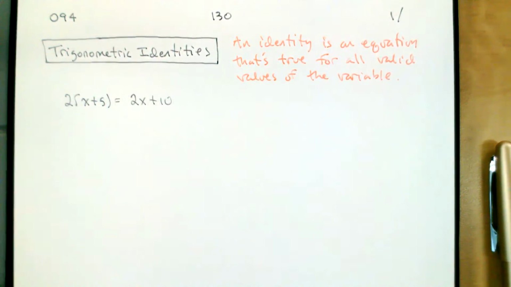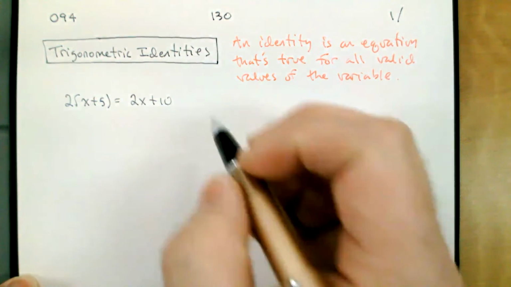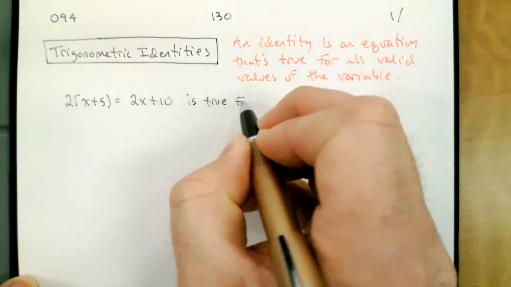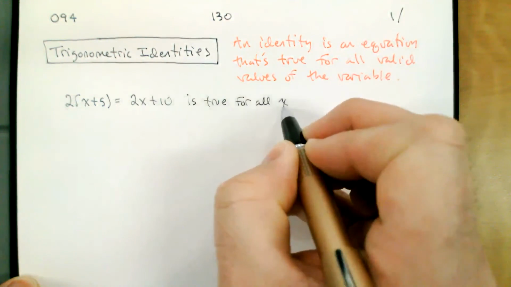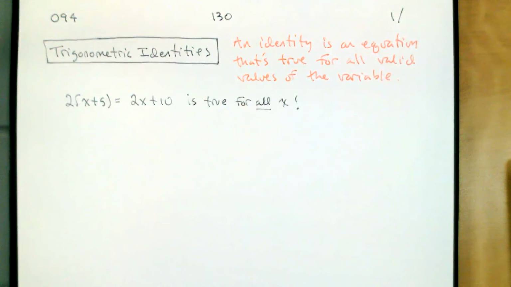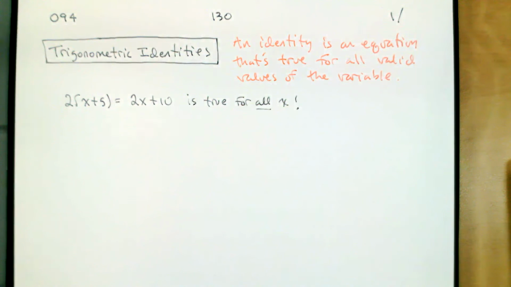Adding 5, multiplying the result by 2 is the same as multiplying by 2 and adding 10. This is true for all x. That's why when we see one, we can just replace it with the other. They're always going to be the same.